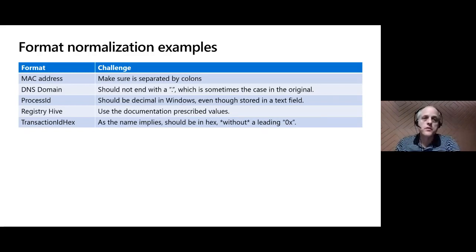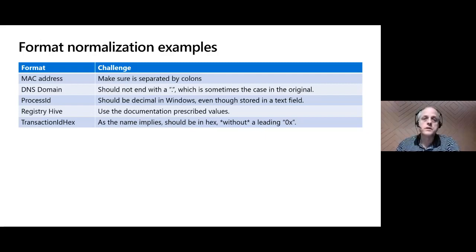DNS domains. I don't know if you know, but in the DNS protocol, there is a dot at the end of the domain names. Some systems report a dot at the end, some do not. We decided our gold standard is no dot to make sure that things are always consistent. Process ID is another example which is sort of challenging.